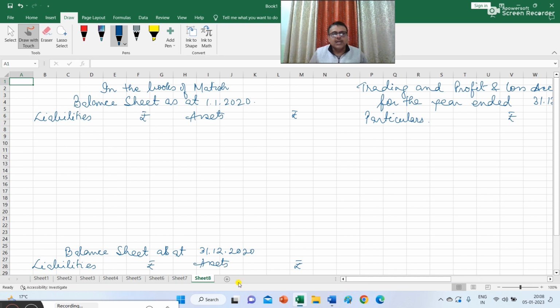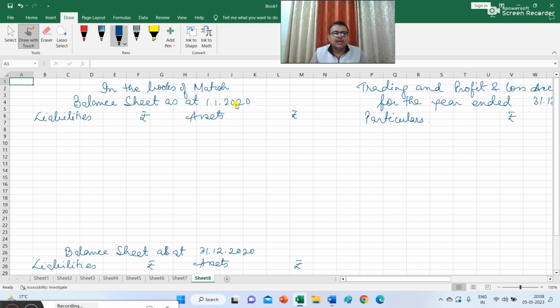The first figure that we have in the question is regarding the debtor balance. In your question, there is no ledger that has been prepared. So whatever figures we have in the question, we have to post in two places. The opening debtor balance you need to write in the opening balance sheet.